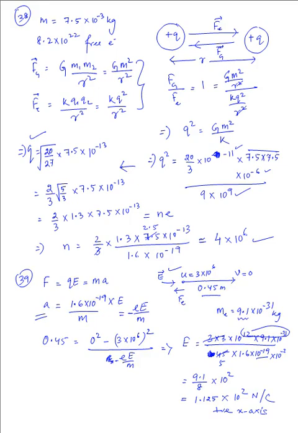I've probably missed out on a factor 2 over here, because this is v square minus u square over 2a. So there will be a 2 over here, and this will be divided by 2. So the result is going to be nearly equal to 0.56 times 10 raised to the power 2 newton per coulomb.